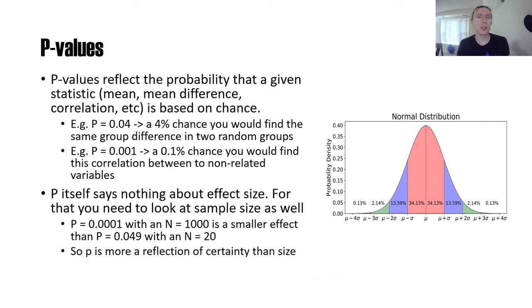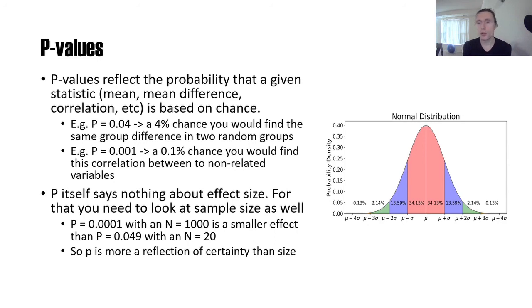Now, finally, I want to come back to these p-values, because I talk about them throughout this entire lecture. But I really want to reiterate what this p-value is, because it sometimes is used in a way that is not really correct. So as I said, the p-value just reflects the probability that a given statistic or a given observation is based on chance level.